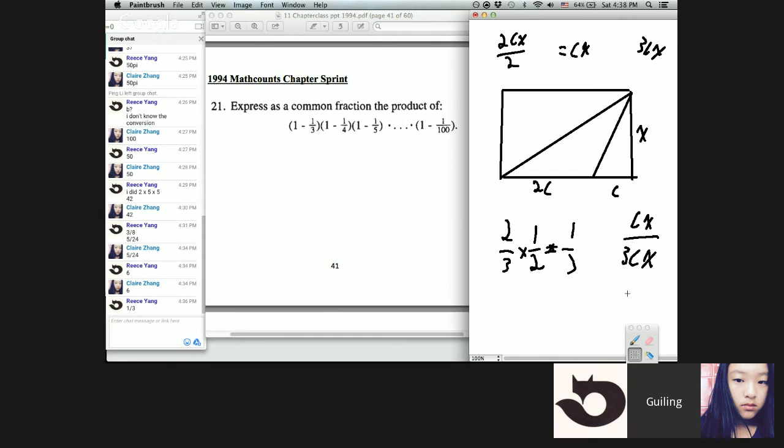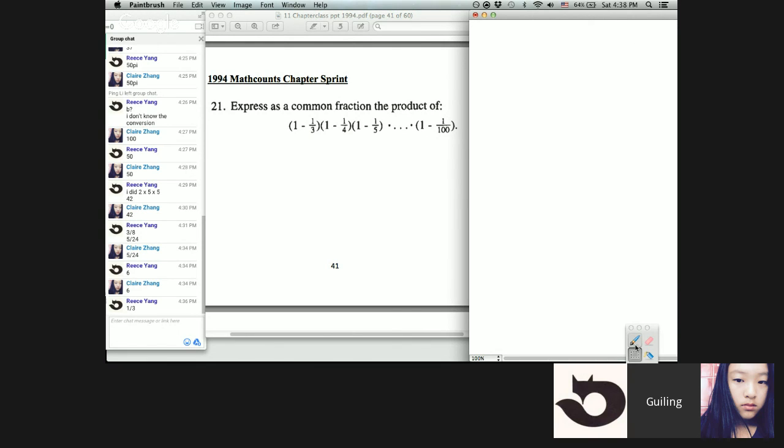Okay, express as a common fraction the product of 1 minus 1/3 times 1 minus 1/4, etc., until you get to 1 minus 1 over 100.